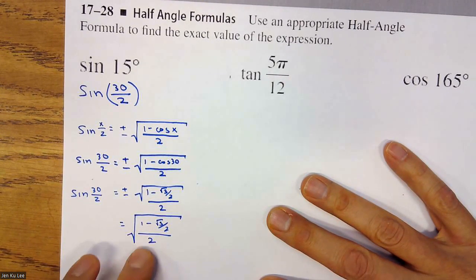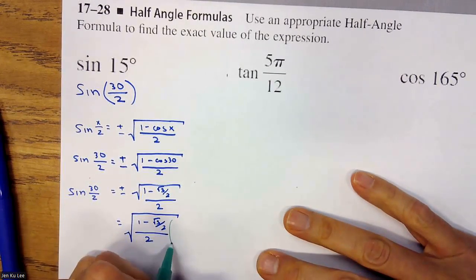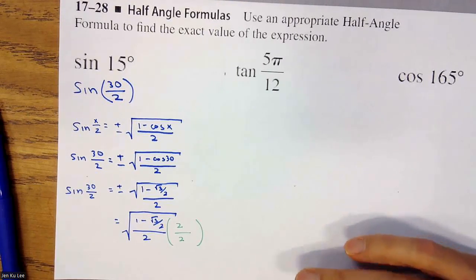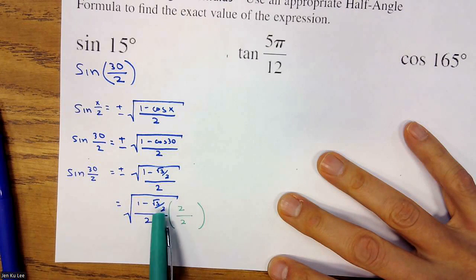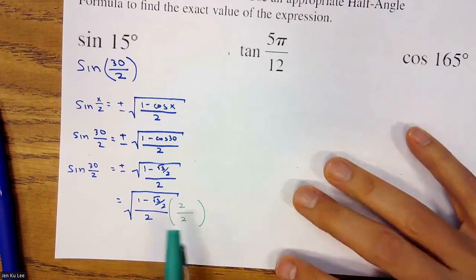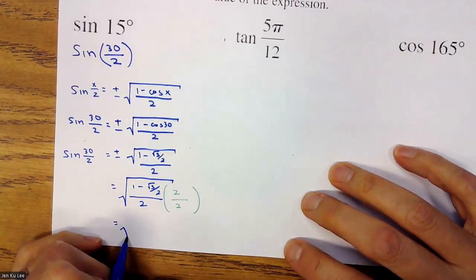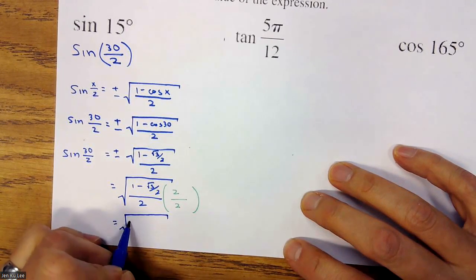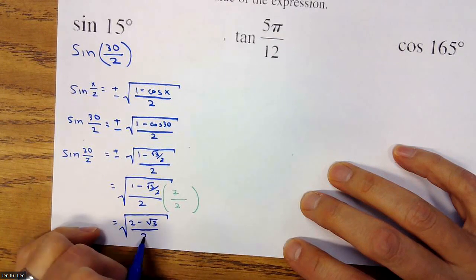And if we simplify this out, I'm going to multiply everything by 2 over 2 first. Why am I multiplying by 2 over 2? That would essentially get rid of both denominators. So if I multiply by 2 over 2, positive square root of 2 minus square root of 3 over 2.